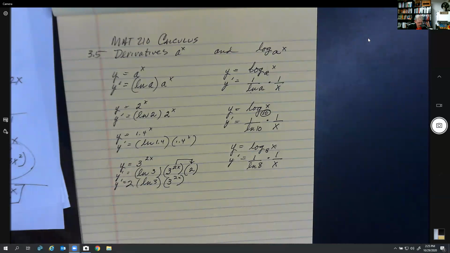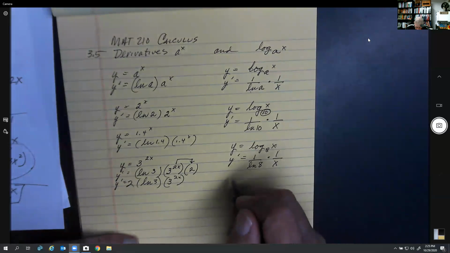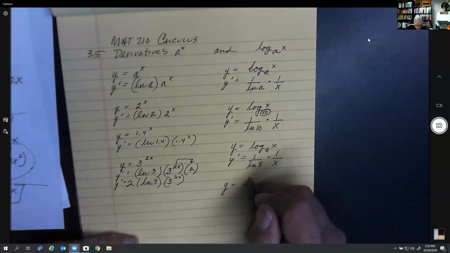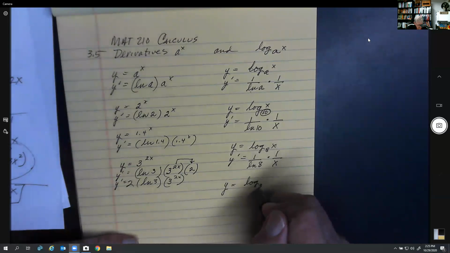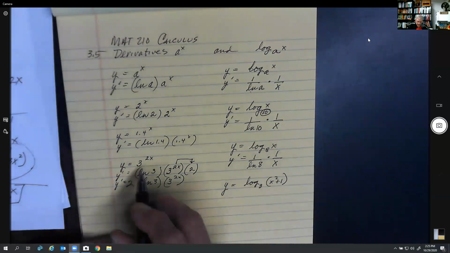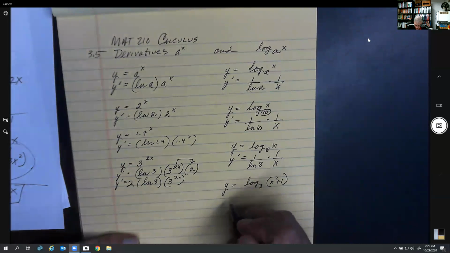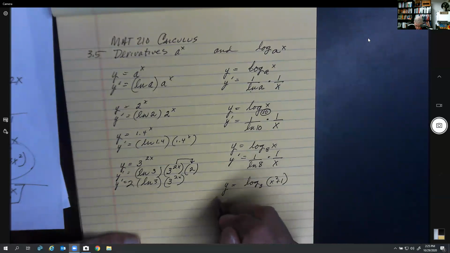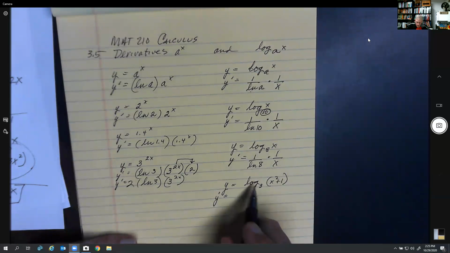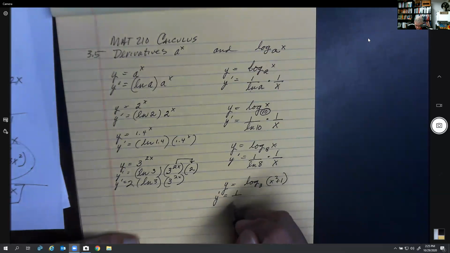Okay, the book says, well, what if we got something a little bit more complicated? What if we had something like y equals log base 3 of x squared plus 1? Kind of like this problem, a little bit more advanced. So y prime is 1 over the natural log of 3, right?